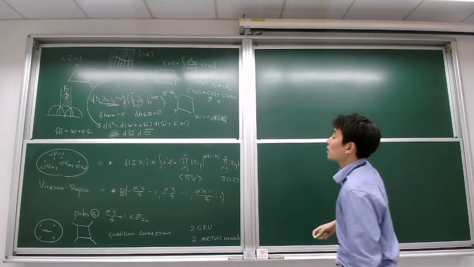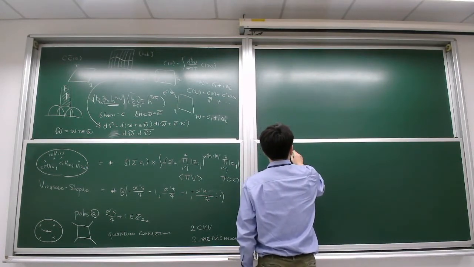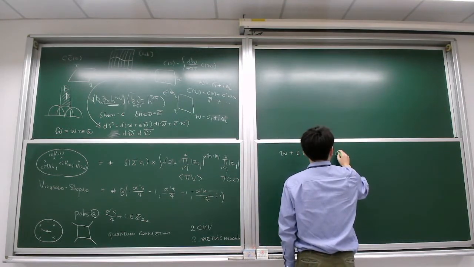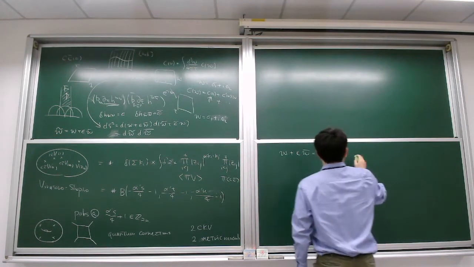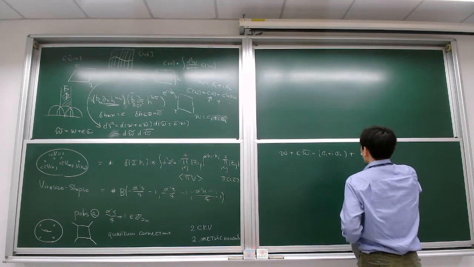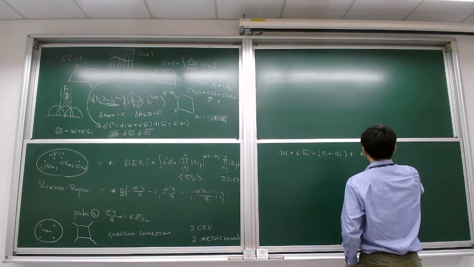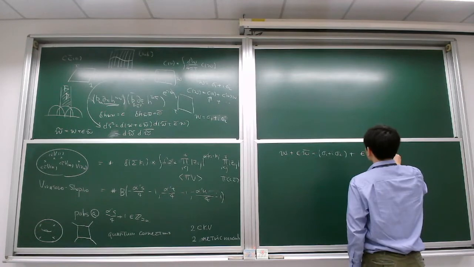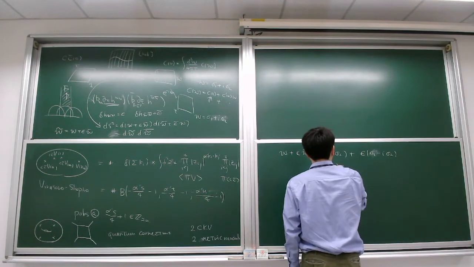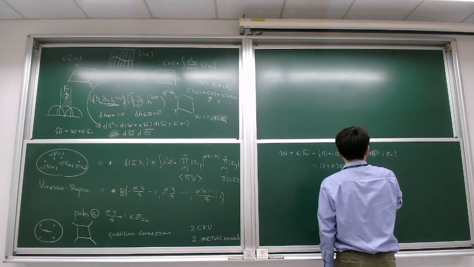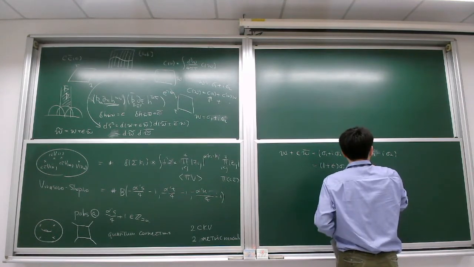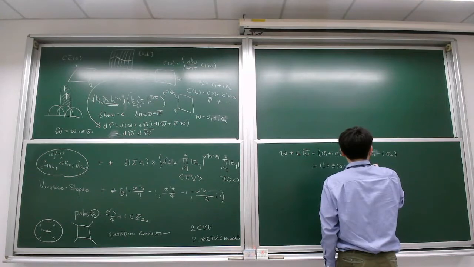So let's look at the period. W plus epsilon W bar is sigma 1 plus i sigma 2, plus epsilon W bar, sigma 1 minus i sigma 2. So it becomes 1 plus epsilon sigma 1, and it becomes 1 minus epsilon.